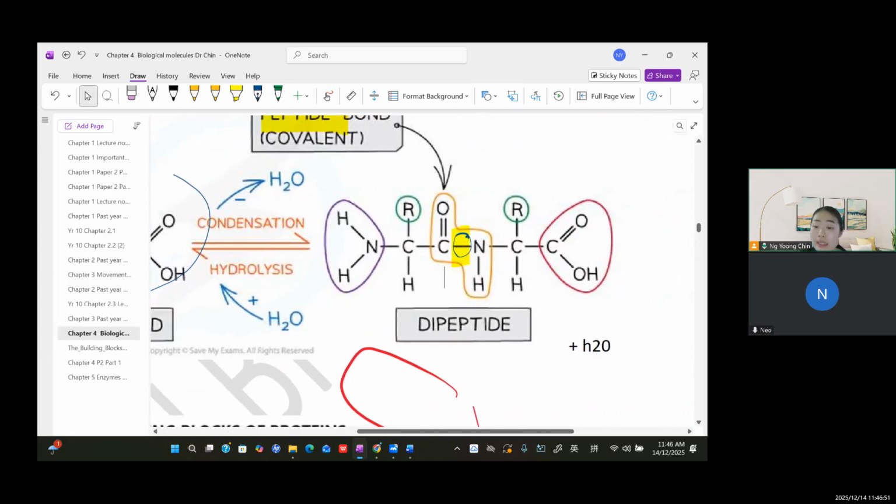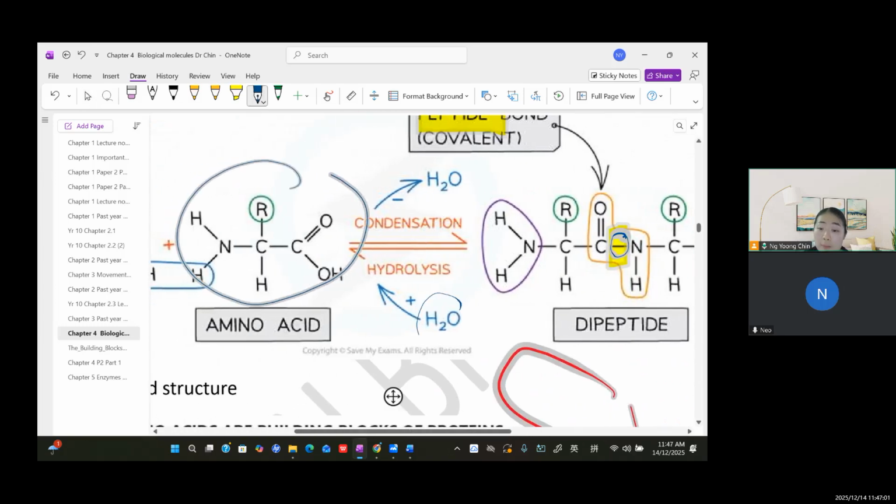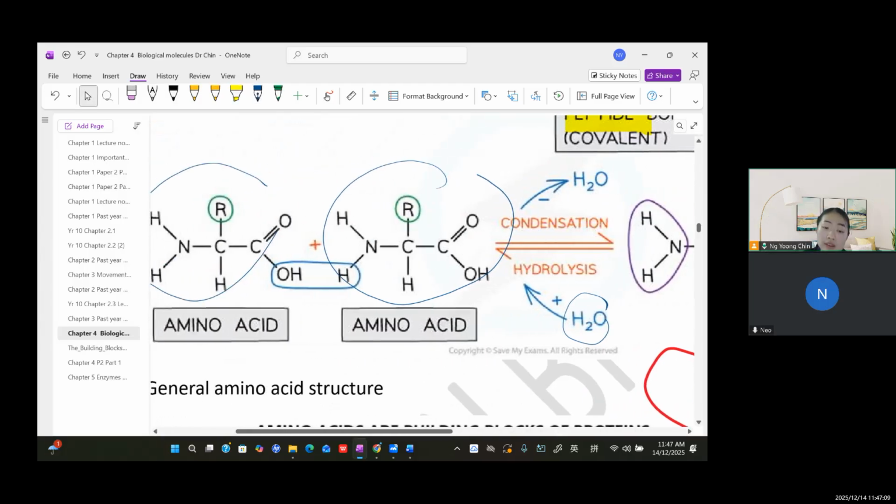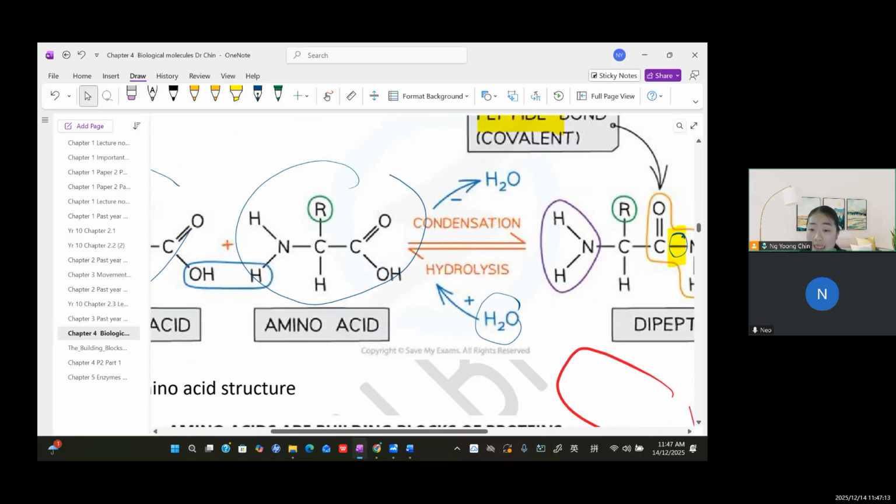Become like this dipeptide. So once the body wants to break down the dipeptides, what can they do? They can add back the water. See, they're just adding the water back. So later this dipeptide will split, becoming each of the amino acid compounds. So this is called what? Hydrolysis.